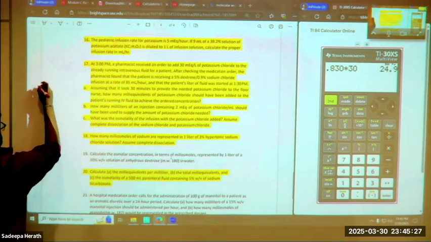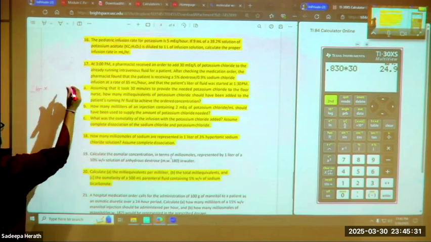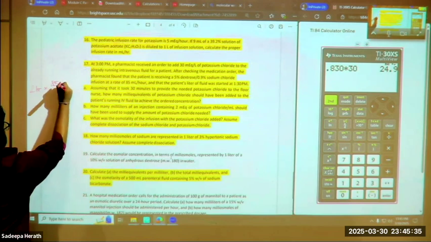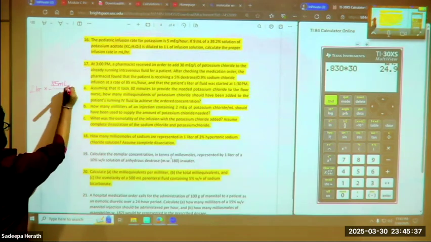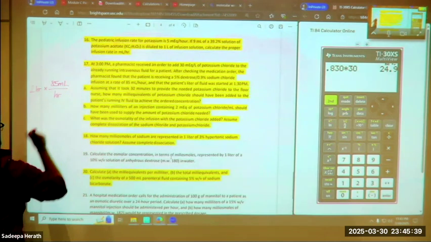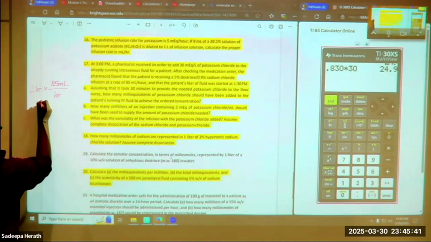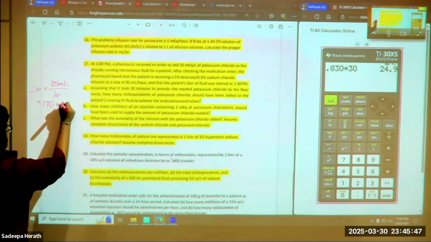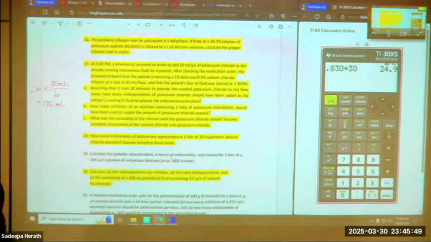So 2 hours times 85 mLs per hour. That is 170 mL. So that's how much IV has already been used up. We need to find out what's left over.